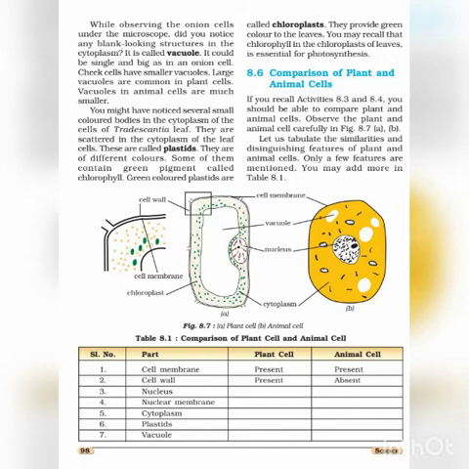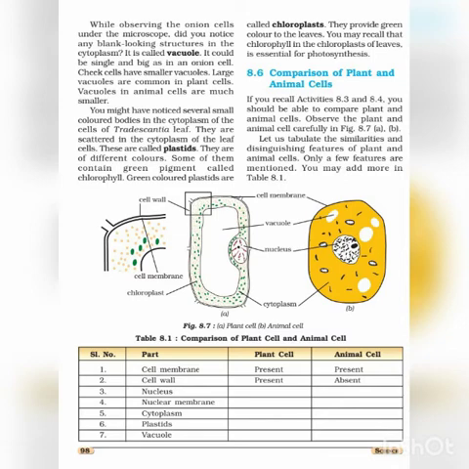Now if we compare plant and animal cells, we can see that the cell membrane is present in both plant and animal cells. Cell wall is present in plant cells but absent in animal cells. Nucleus is present in both plant and animal cells. Nuclear membrane is present in both plant and animal cells. Cytoplasm is present in both plant and animal cells.